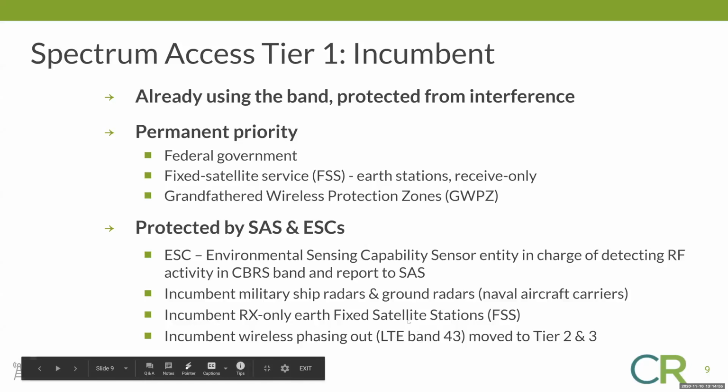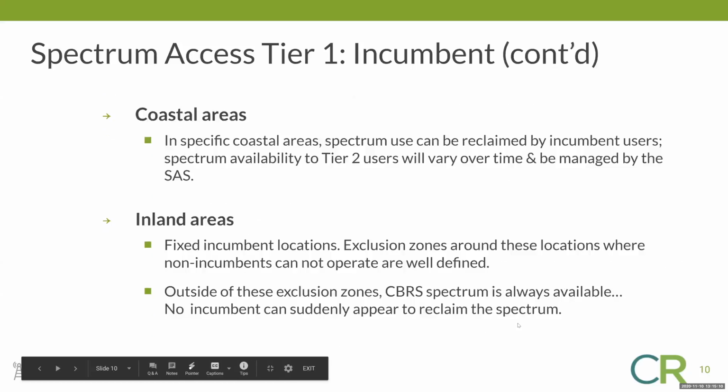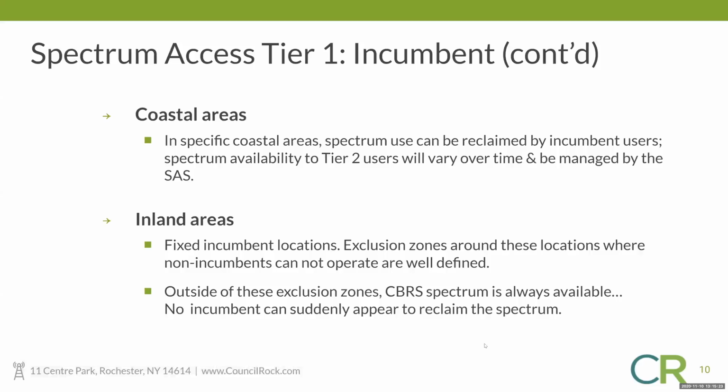In the LTE language, they're referred to as band 43. This is the upper 50 megahertz of the CBRS band, which is from 3650 to 3700 megahertz. In coastal areas, this spectrum can be reclaimed by incumbent users. It's not always in operation. There are some areas that are more active than others.